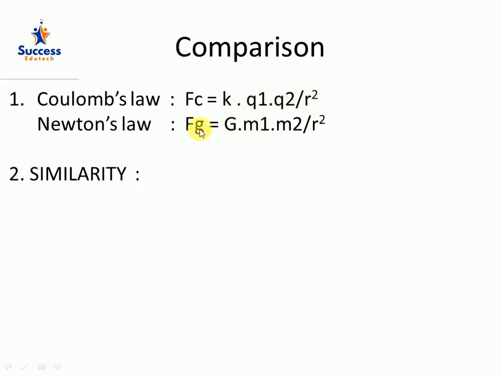Newton's law is denoted by Fg, and it is the gravitational constant times m1 m2, where m1 is the mass of q1 and m2 is the mass of q2. Also it is inversely proportional to the square of the distance between these masses.